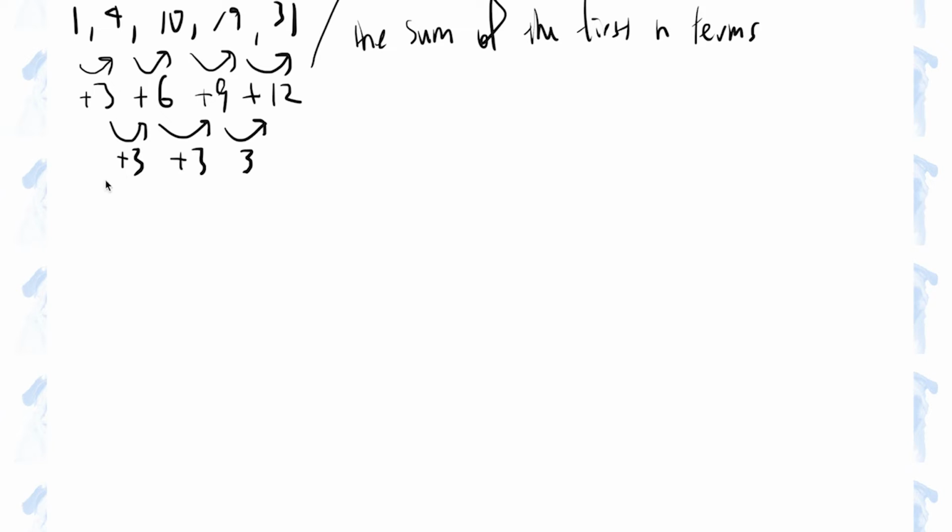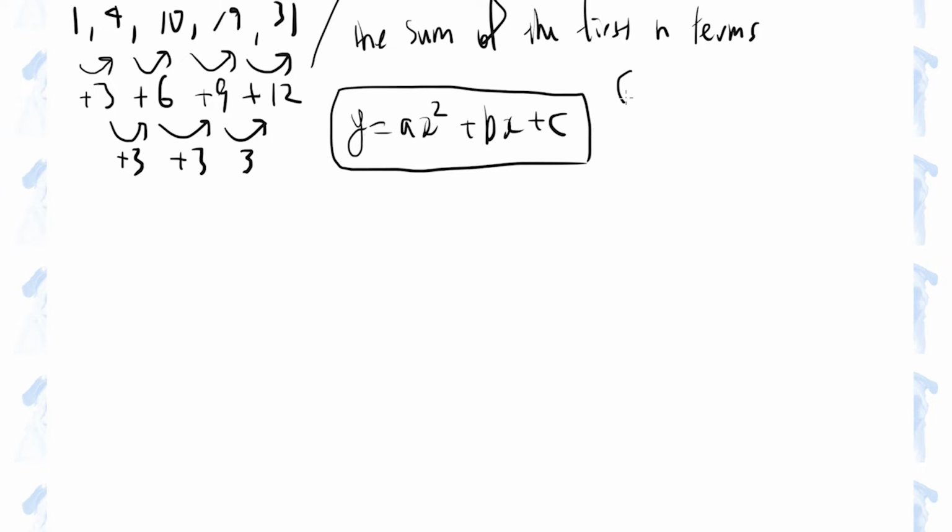When the difference of differences increases by a constant, the sequence can be represented by a quadratic function. The first term is 1, the second term is 4, and the third term is 10. And we can substitute these 3 pairs of values into this formula.